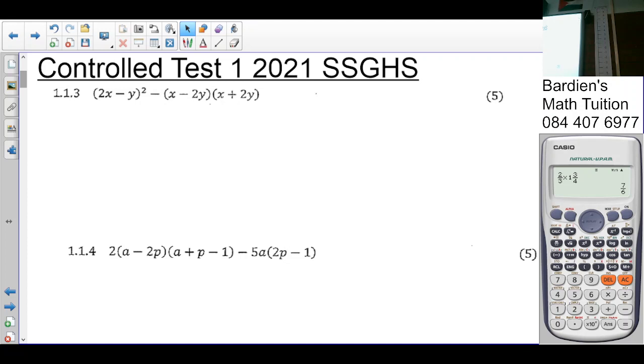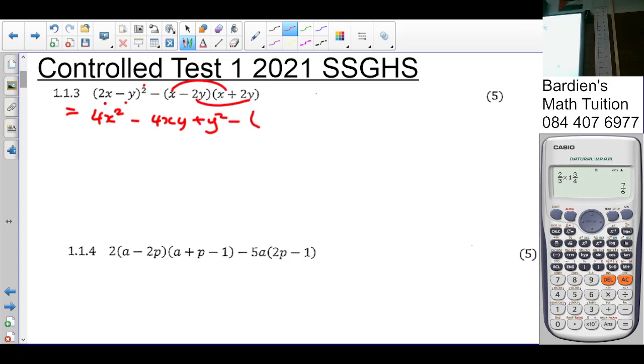So here it's a binomial squared, so square the first term is 4x squared. That times 2 is going to give you negative 4xy. The last term squared is going to be y squared, minus the conjugate pair. So that's going to give us x squared minus 4y squared. Multiply that. If you don't know the rules of conjugate pair and binomial square, you write it out twice and multiply it.